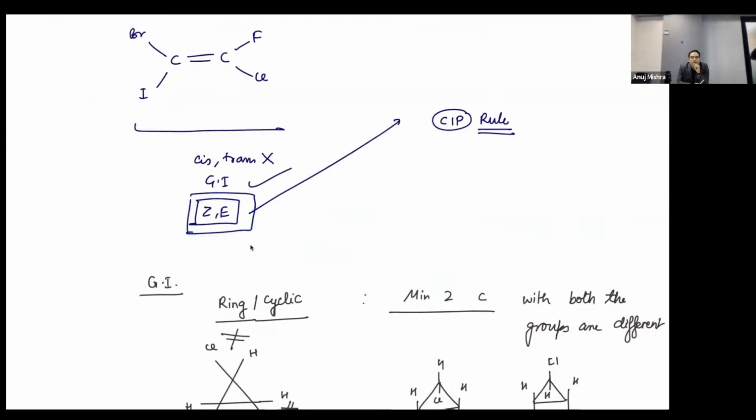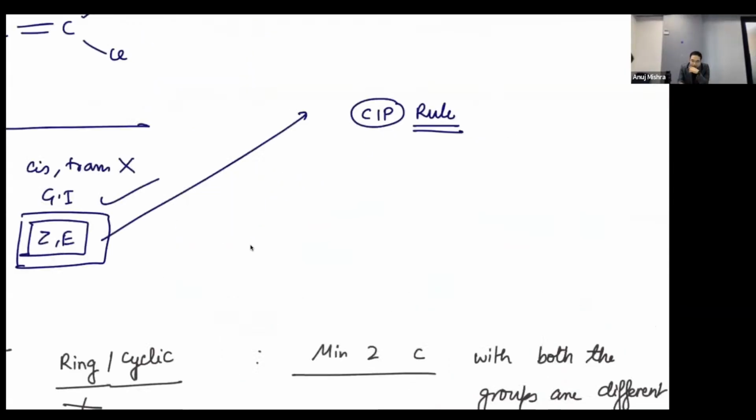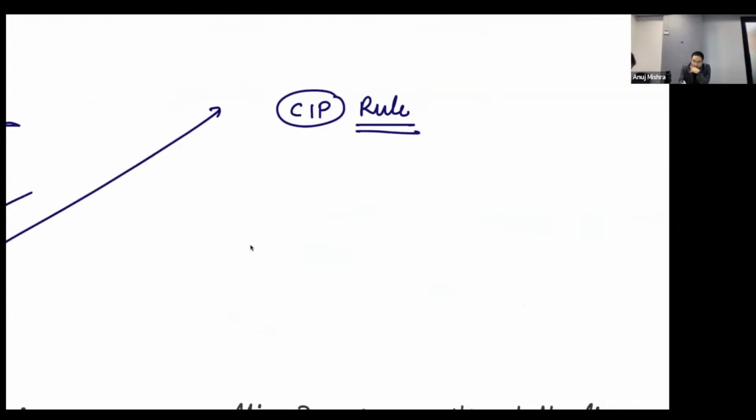Now, write down the rules for this. How does the CIP rule work? What things are there in it? Point number 1: priority of atomic number. So you'll see atomic number, which is also called Z, as the first priority. You see which is having more Z, you mark that number 1.